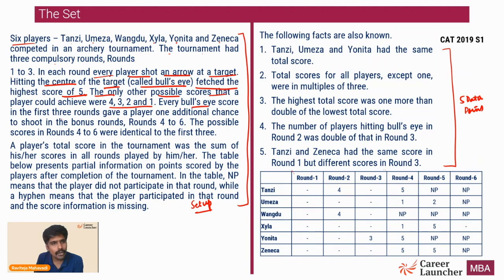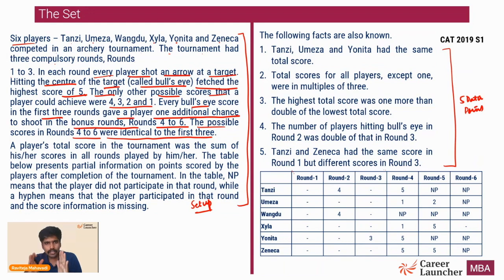Every bullseye score in the first 3 rounds gave a player one additional chance to shoot in the bonus rounds 4 to 6. The possible scores in rounds 4 to 6 were identical to the first 3. So in rounds 4 to 6 also, you could score 1, 2, 3, 4 or 5 points only.